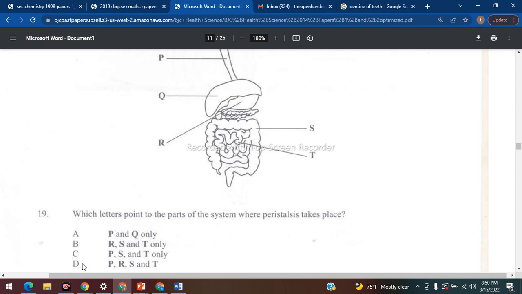So it's D. Peristalsis is the pushing of fluid through the digestive system.